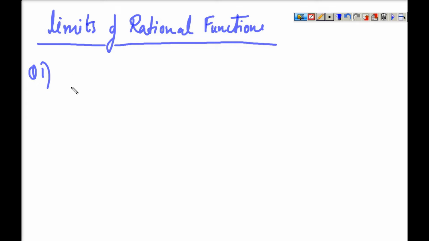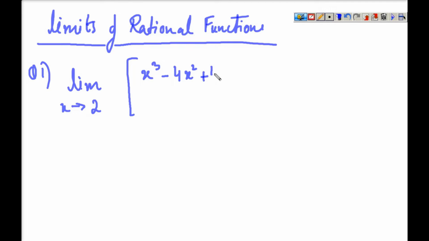So let's say I have a question. I have to find the limit of this function when x is approaching 2, and the question is x cube minus 4x square plus 4x in the numerator, and on the denominator we have x square minus 4.